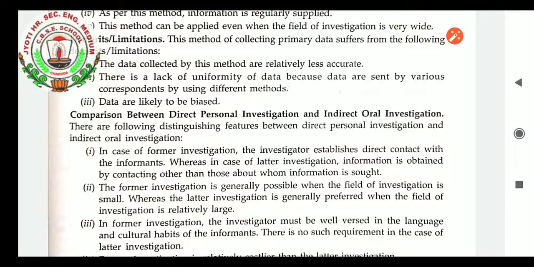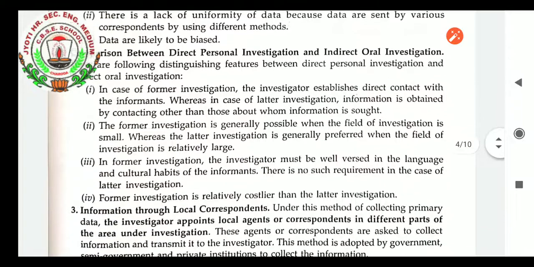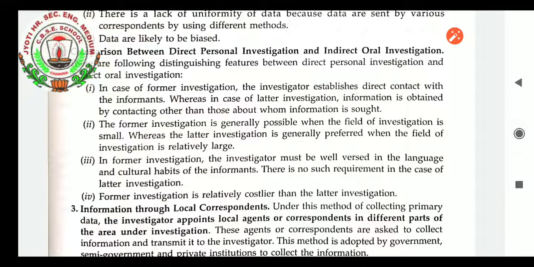The former, direct personal investigation, is generally possible when the field of investigation is small. Whereas the second method, indirect oral investigation, is suitable where the source of information is big, where data is needed from a large area. In direct personal investigation, the investigator must be well versed in the language and cultural habits of the informant. That is needed.